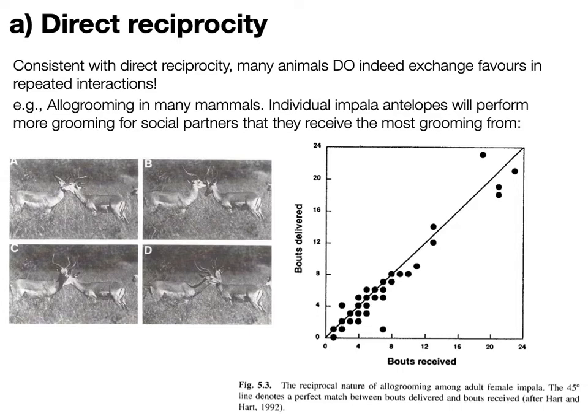And what the researchers found was that the impalas will provide more grooming for the social partners that they received the most grooming from. And so the graph there is showing this very strong correlation between the number of grooming bouts received and the number of grooming bouts delivered between specific pairs of impala.